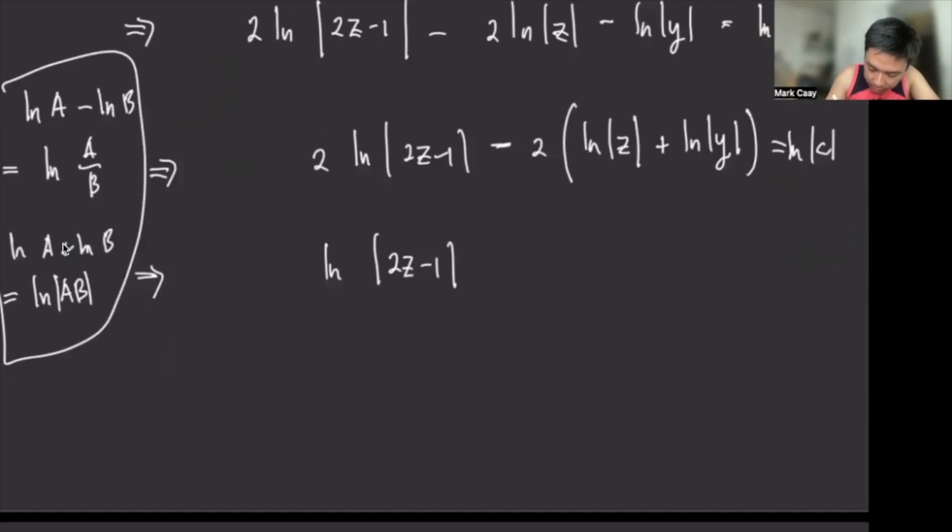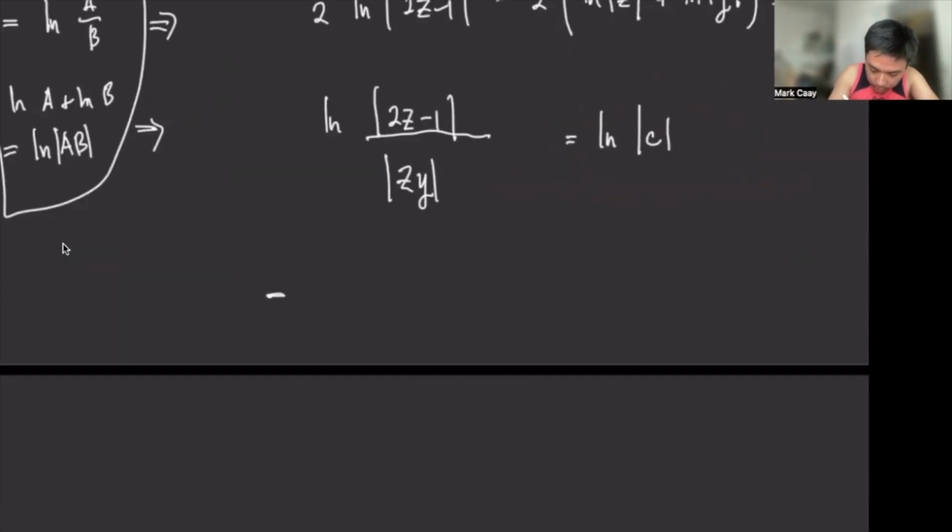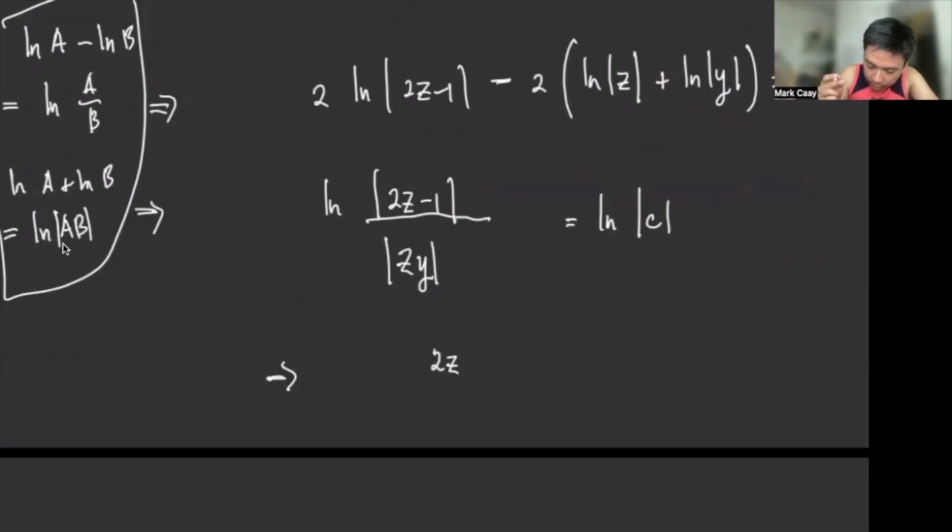So, ang mangyayari, since this is minus, magiging denominator to, pero this will be a multiplication. So, this is ln of zy, which is equal to ln of c. And so, removing it further, at tapos mariremove yung absolute value kasi lahat naka-absolute value naman. So, this is 2z. Okay, hindi ko na lang tatanggalin yung 2 muna.